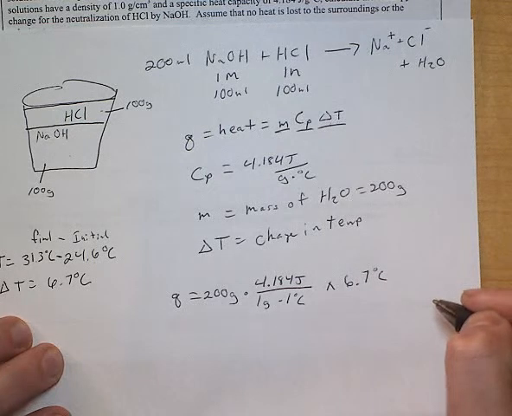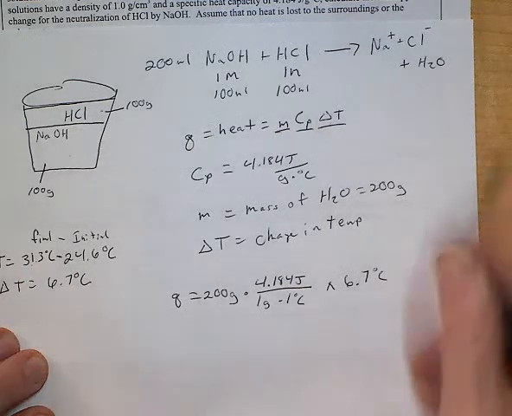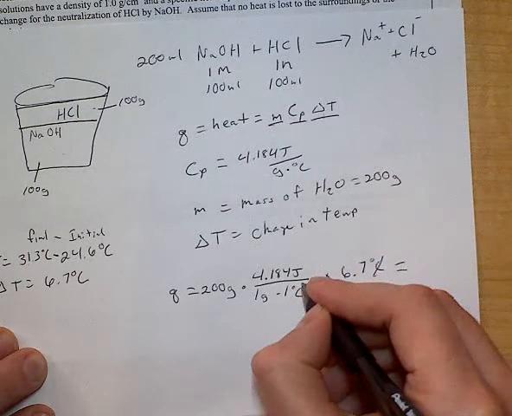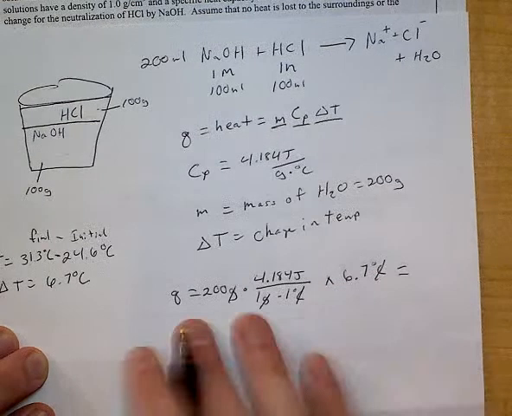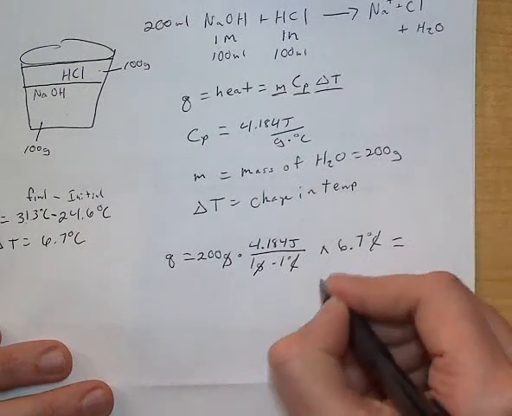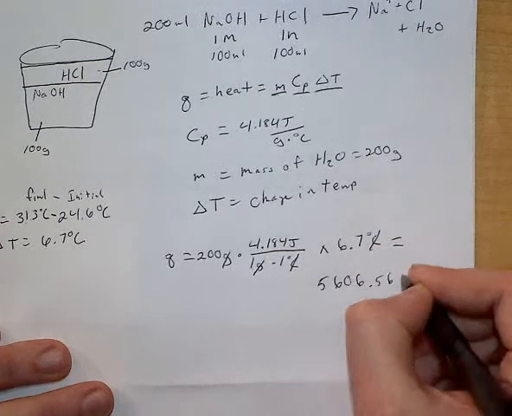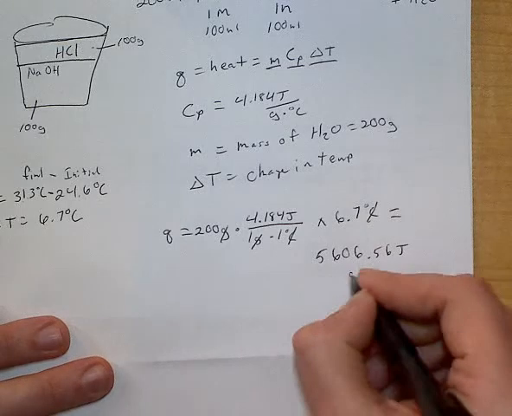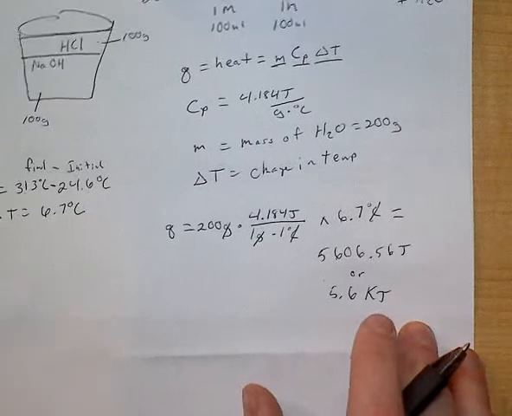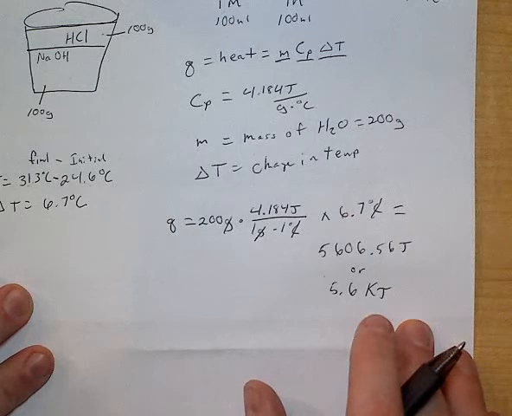Our temperature is going up. We've got Celsius dividing out Celsius, grams dividing out grams, so we're going to get our answer in joules. When we calculate this through, we get 5,606.56 joules, or 5.6 kilojoules.